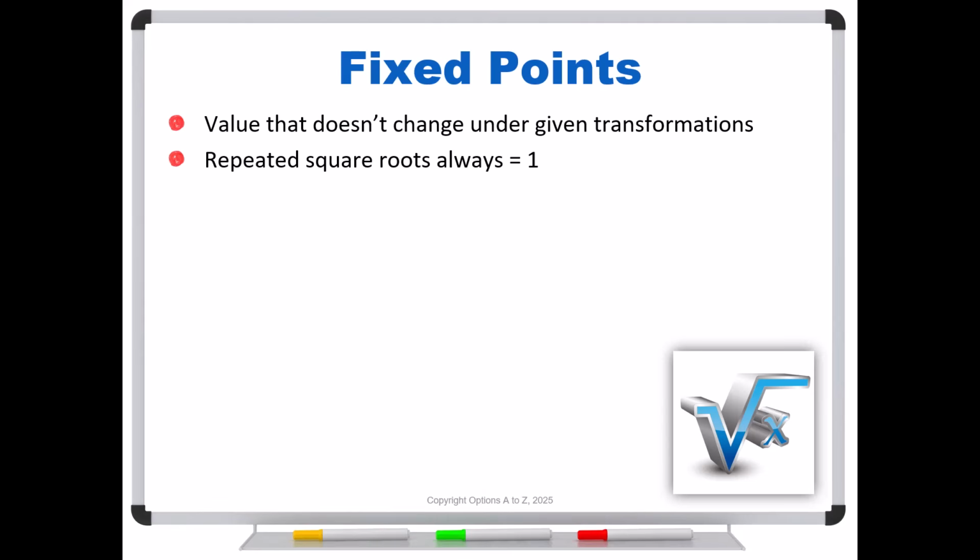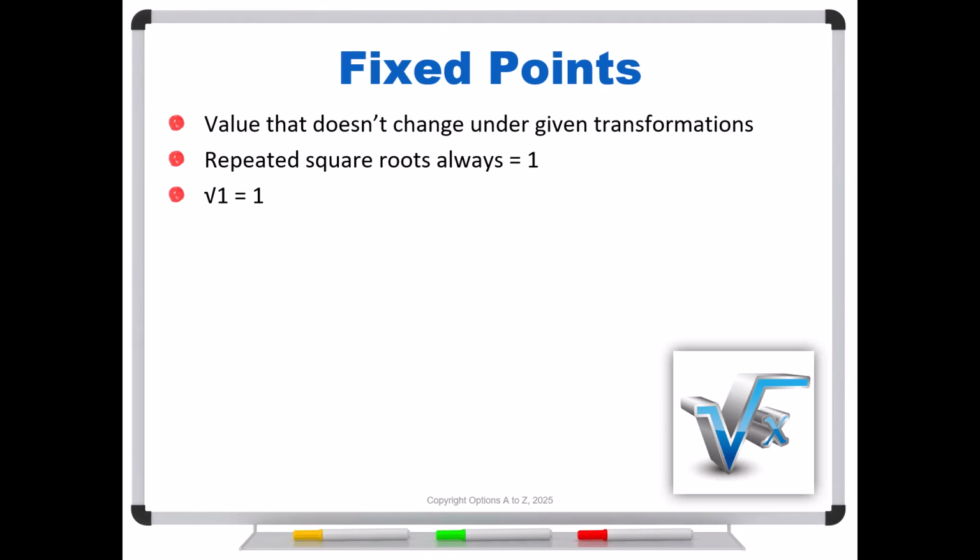And if you pick a number greater than 1, say 2, and keep hitting square roots, they will get smaller until you hit 1. So 1 is this fixed point. It's like everything is moving towards 1, and then it kind of gravitates there and just stays. And again, the reason for this loop is that the square root of 1 is 1. So that's why once you hit that number 1, you're just going to get stuck.